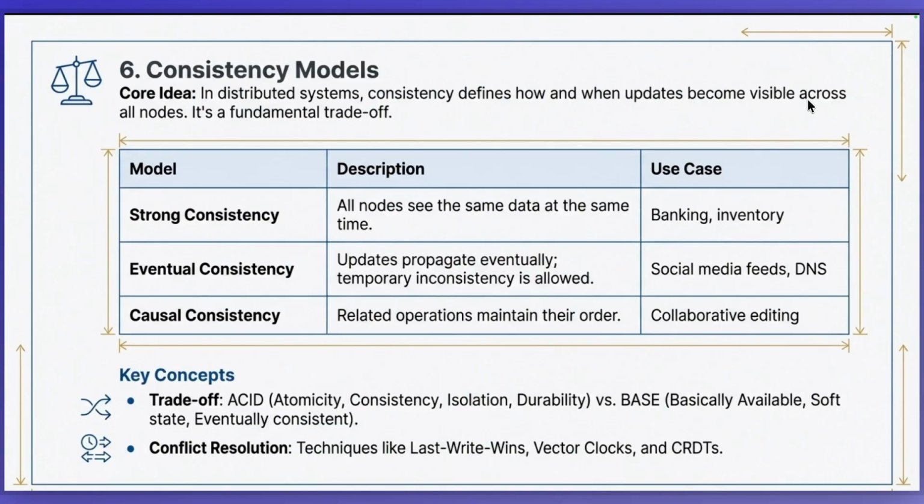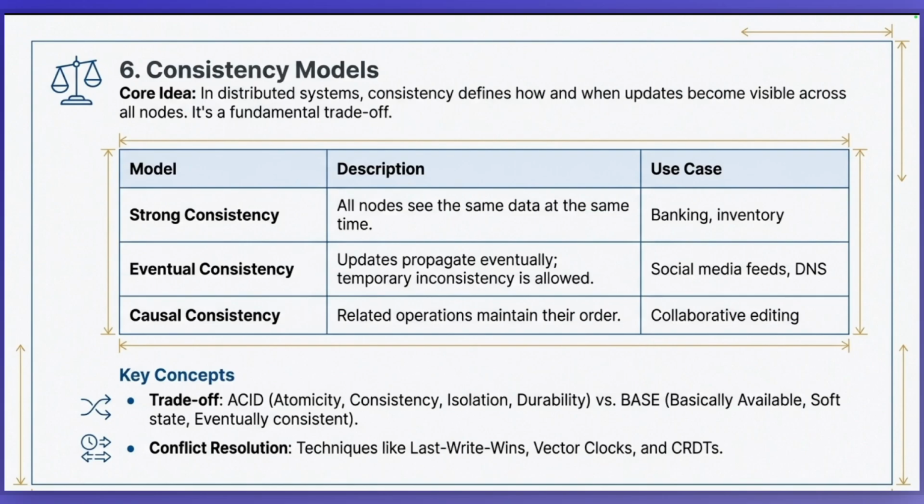For example, when you are dealing with banking or inventory related applications, you need strong consistency, because every user should see the same data at the same time, right? There cannot be inconsistency between what one user from one geolocation sees and what another person in another geolocation sees. That's strong consistency.